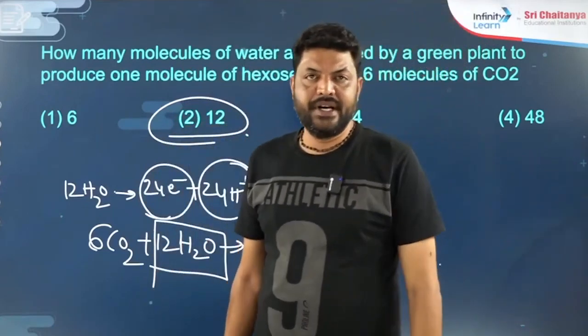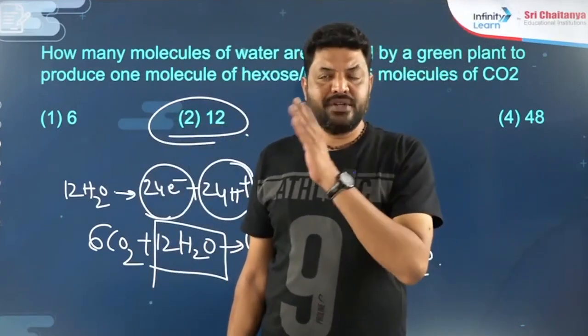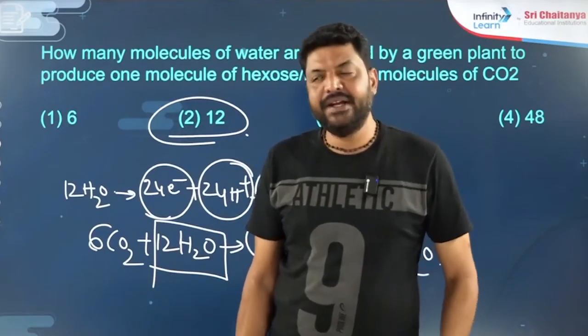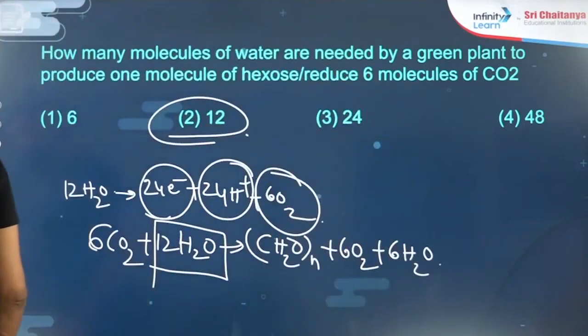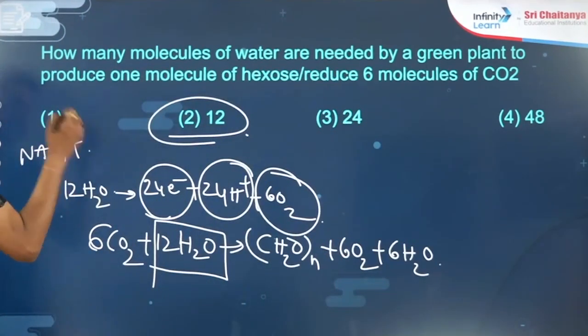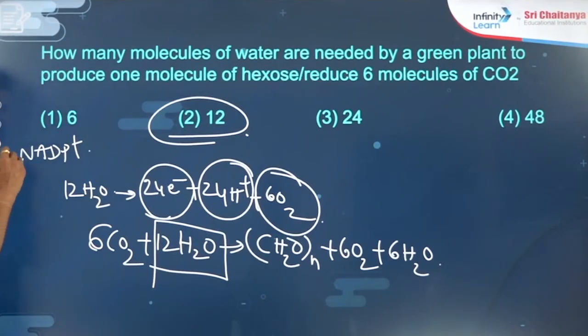This is the Robert Hill reaction. According to Robert Hill, in intact plants, the strong and powerful hydrogen acceptor is NADP plus. So how many NADP plus are required for dark reaction? 12 NADPH2 is required for dark reaction.